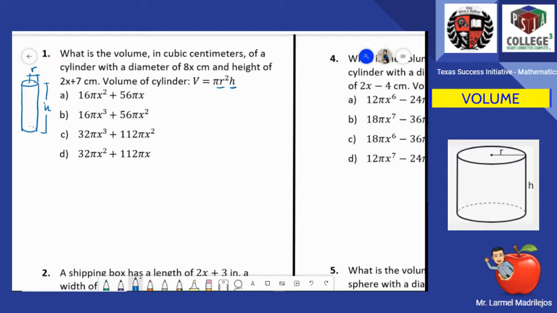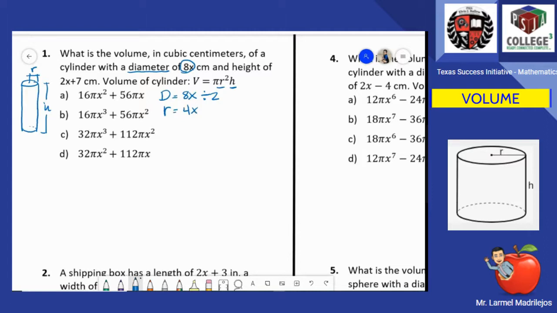So let's gather the information that we're going to use. It says the diameter is 8x. But we know that we need the radius for r, so I'm going to divide this by 2, and my radius will be 4x.